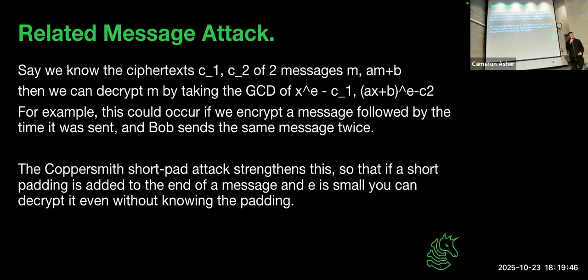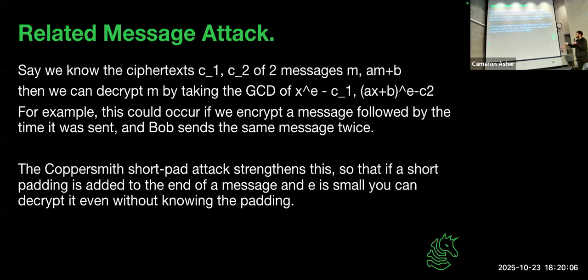So one way to do this is if you have two messages and you know that their difference is a fixed number, then we can take x to the e minus c1 and (ax plus b) to the e minus c2.